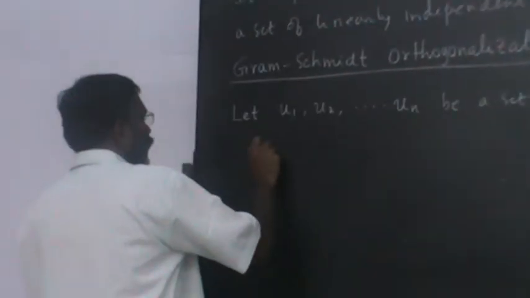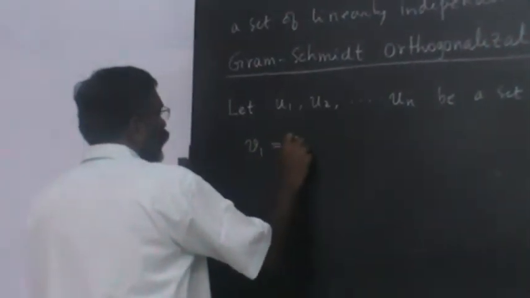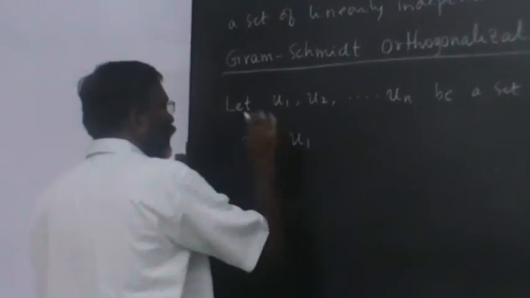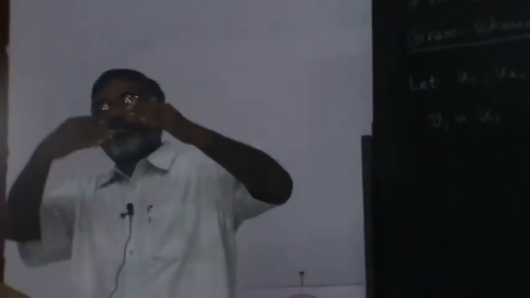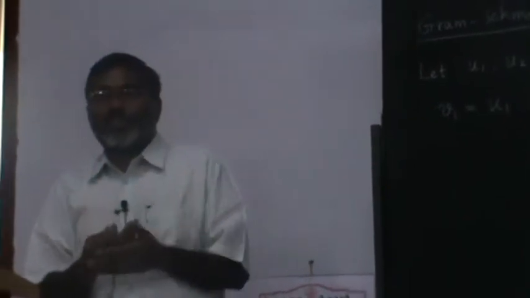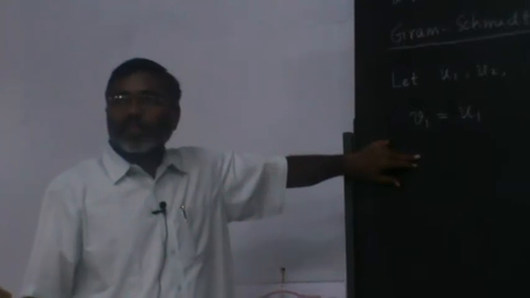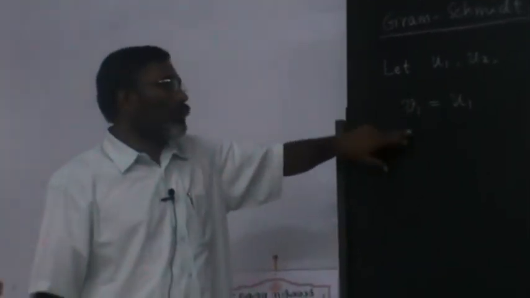In the first step, I will call v1 equal to u1. So the first vector I will take as it is. My second vector, so it is going to be like a construction procedure. I must have my second vector such that it is orthogonal to this vector.